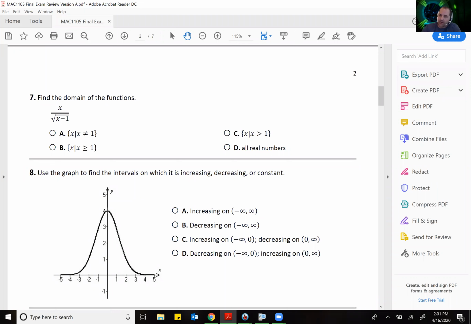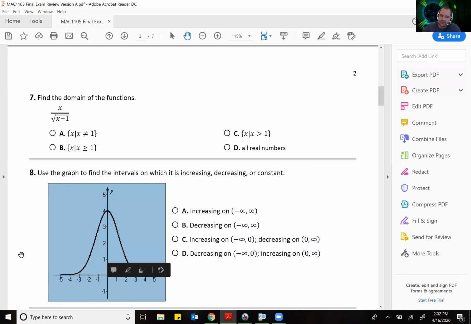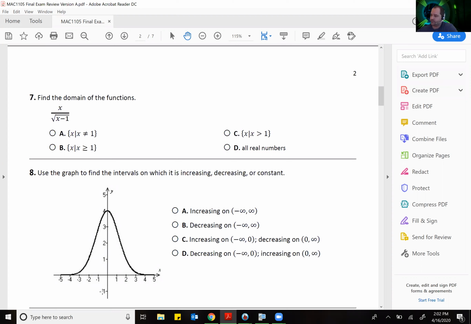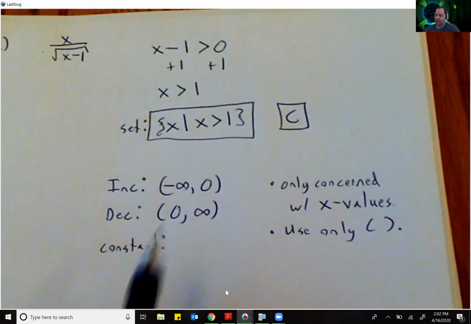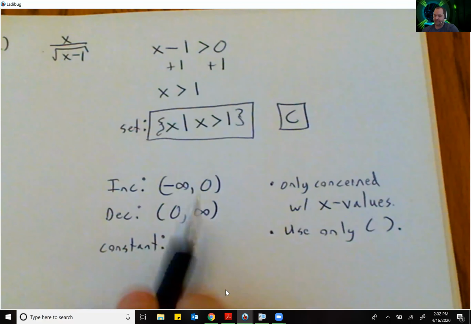It did not start at 4. It started at 0. When does it end? It doesn't. It's going to keep decreasing onto infinity. So we are decreasing from 0 to positive infinity.